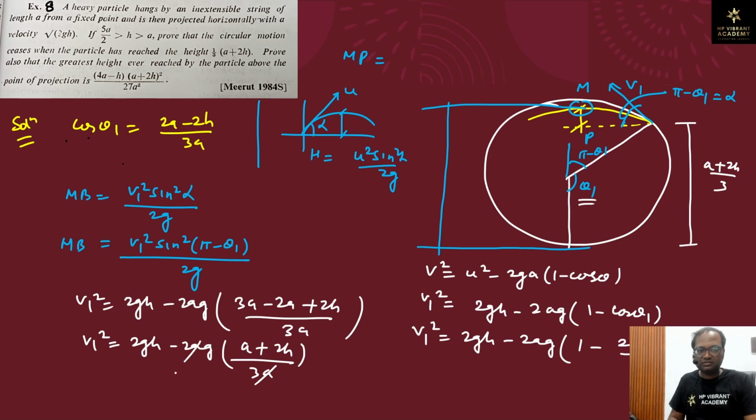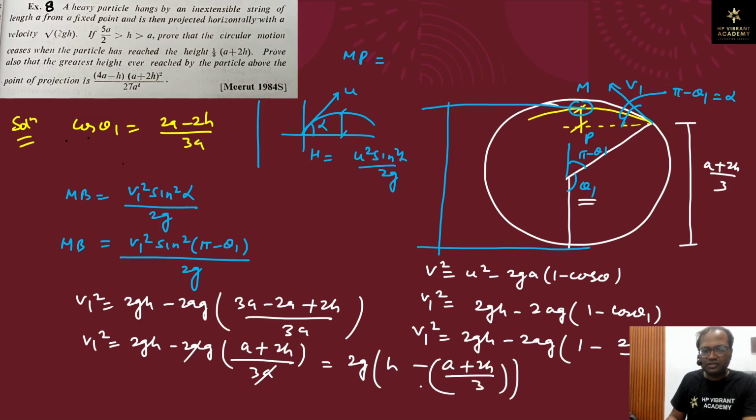This gets cancelled. So we have 2g common, then h minus a plus 2h upon 3.